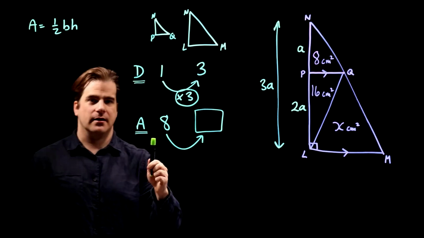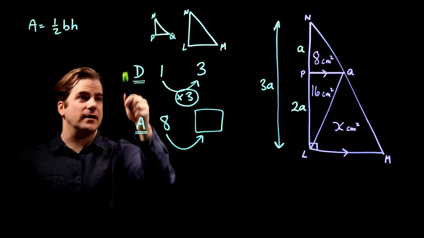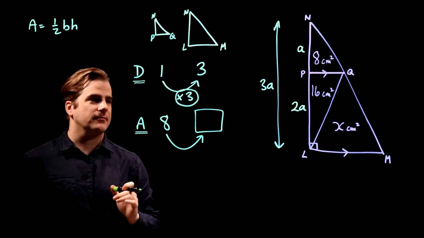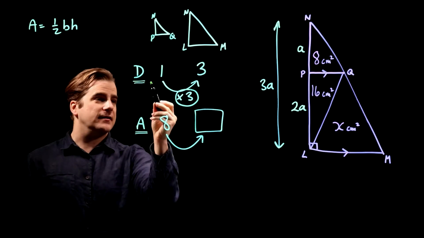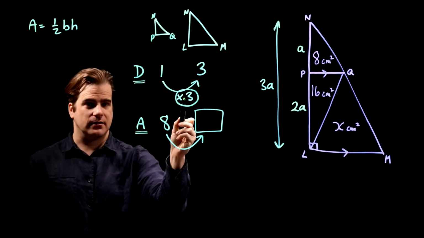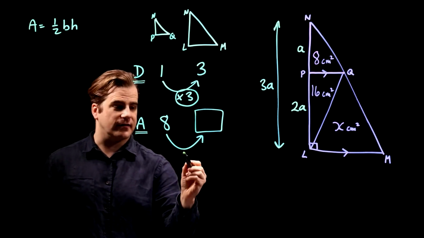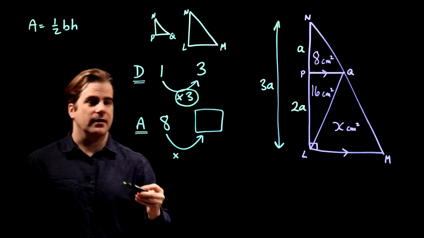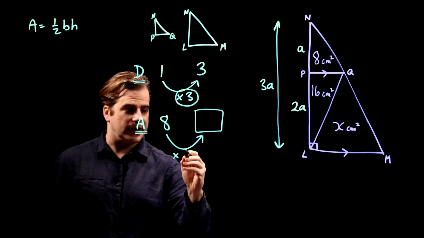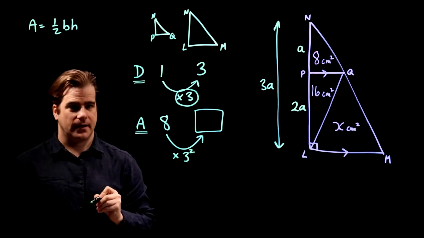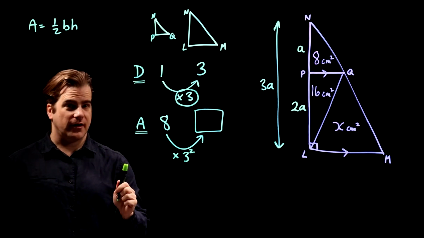Well, this is why I introduced this weird quantity, D, this strange one-dimensional thing. It's purely just to get the one-dimensional scaling factor, okay? Because once we know that, we know the two-dimensional scaling factor. What do we multiply the 8 by? It's easy. It's the one-dimensional scaling factor squared. Okay? I'll just go over that again.